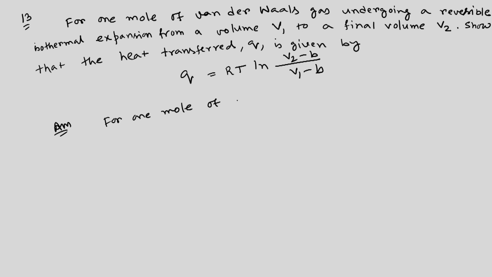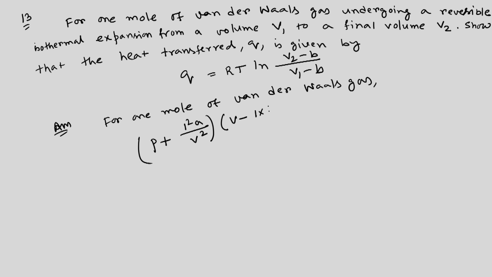For 1 mole of van der Waals gas, we can write (P plus n squared a by V squared) times (V minus n b) equals nRT, with n equal to 1. So the equation of state is (P plus a by V squared) times (V minus b) equals RT.